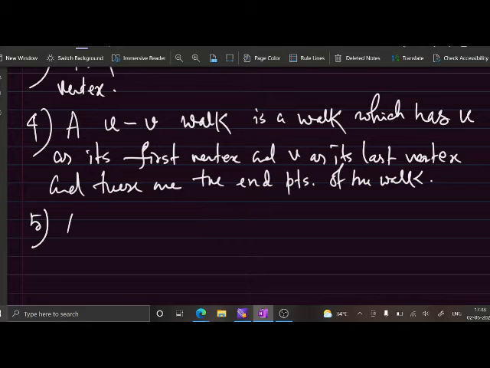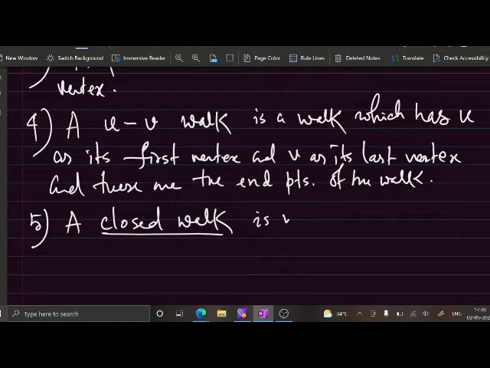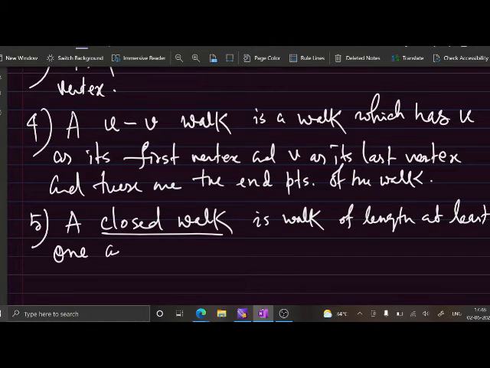A closed walk is a walk of length at least 1, and its end points should be equal.